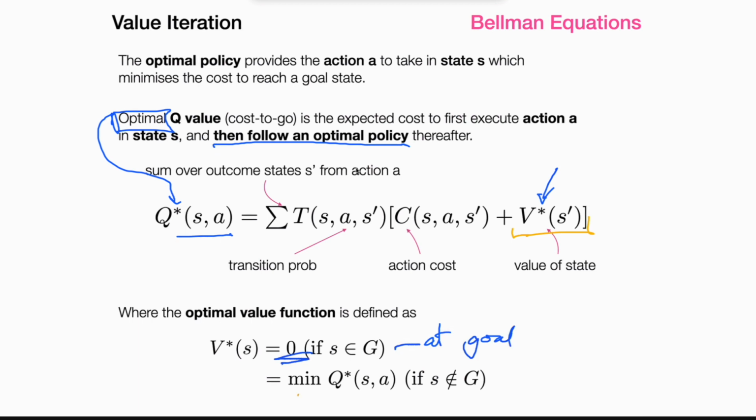Otherwise, think back to what I just said: the value of the state is how good it is to be in that state, and that is related to the cost to reach the goal from that state, because that's all we care about. So therefore, the value of a state is the minimum expected cost action Q value.